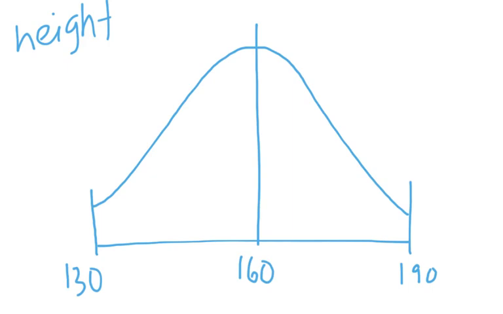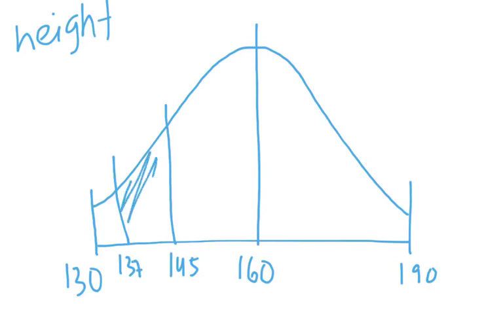Let's say we want to know the probability of people having a height from 137 cm until 145 cm. 137 might be around here, and 145 might be around here. So we want to know the probability for this area. That is our purpose.